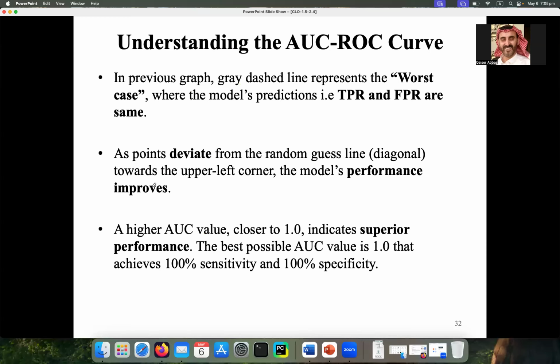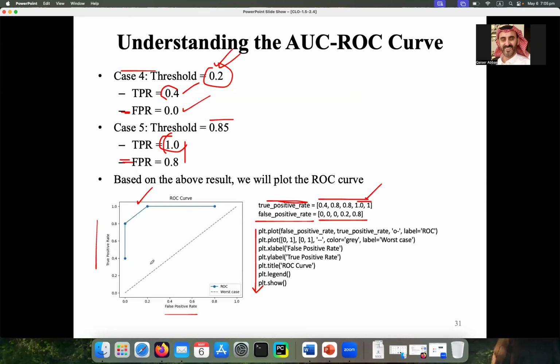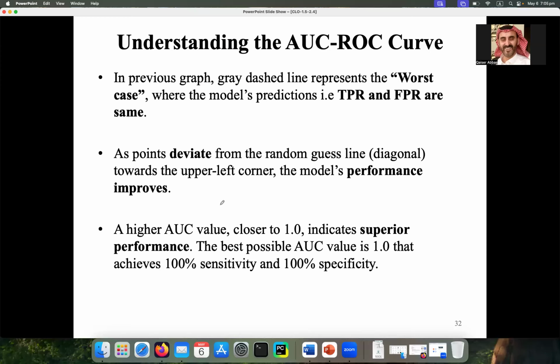So here in this graph, this dashed line is the diagonal, which is a random approach. This is the worst approach. And here, this blue one is the auc-roc curve, or you can shortly say roc curve.